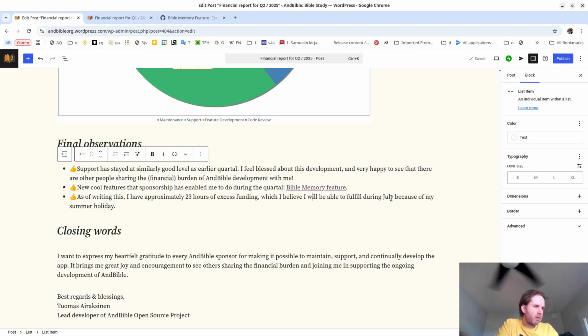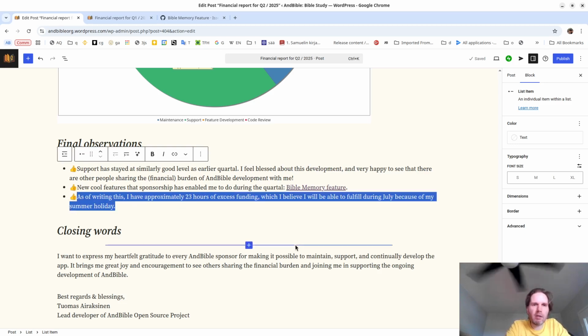So if nothing special happens, next month the balance should be 0 unless there is extra funding coming. I think I was calculating here also the funding that was coming in the beginning of June, so this is really the situation at this particular date.